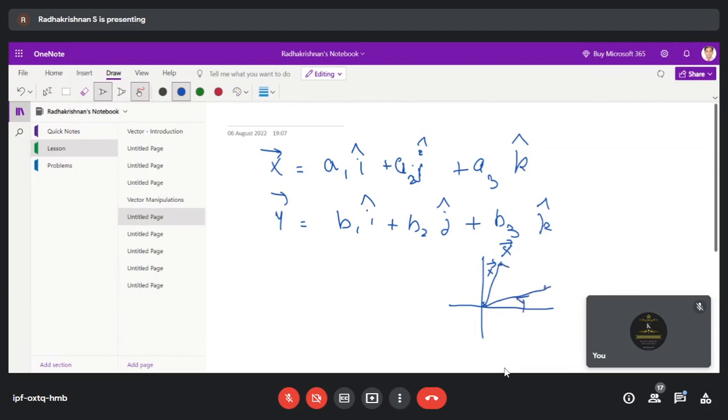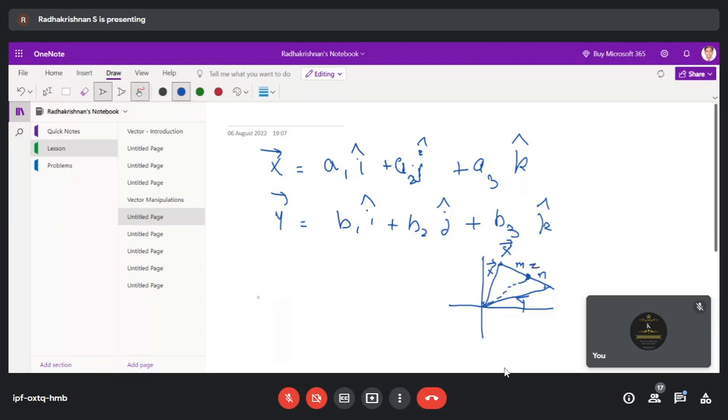Now let us say we join these 2 points. Okay, so this vector is given by y minus x. We saw that. Now we have to find the position vector of a point which is going to divide this line in the ratio of m to n. Let us say this point is z.